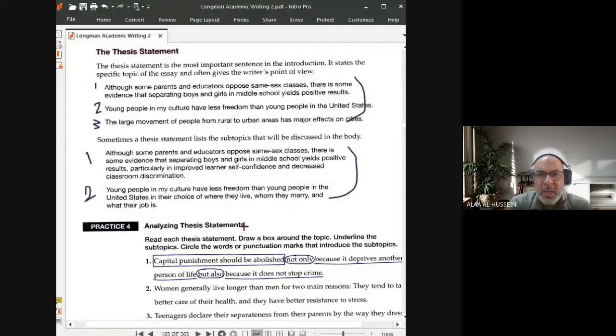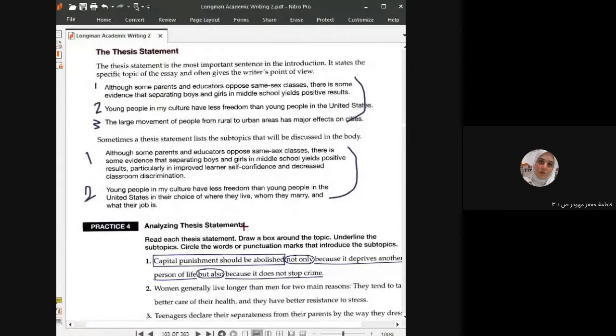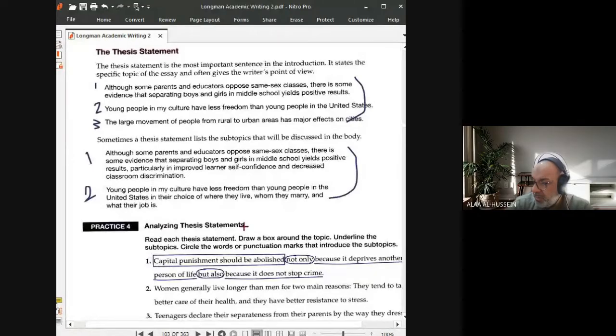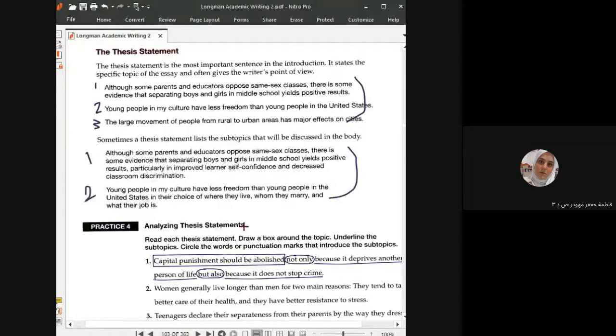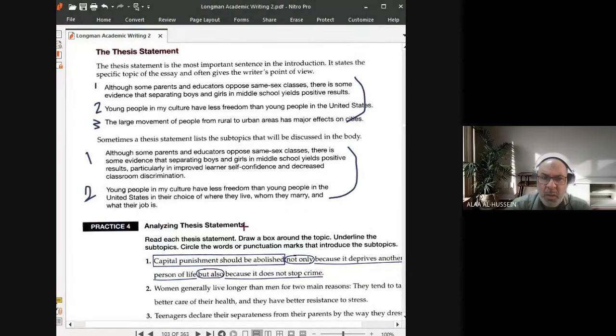So if we read example number 1, who will read it, please? Fatima Ja'far. Yes, Doctor. Although some parents and educators about same-sex classes, there is some evidence that separating boys and girls in middle school yields positive results. Okay, thank you very much.